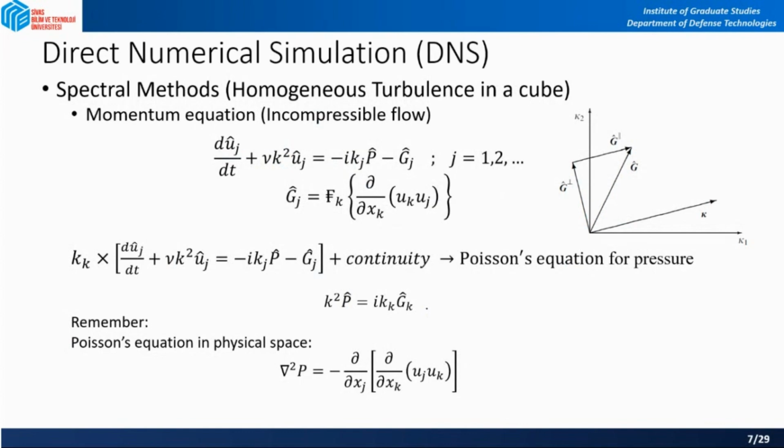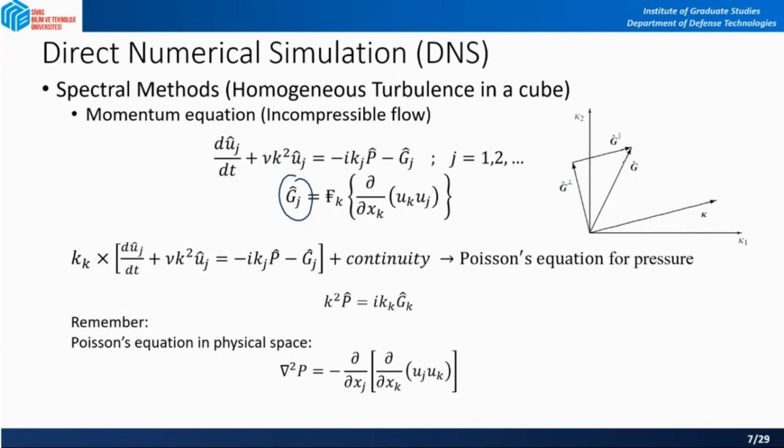So, what will I do next? I can decompose the G. This is what I got, j is 1, 2, 3, whatever. I said that I have this G, which is a vector, and I can decompose it into two components as you see in this figure.